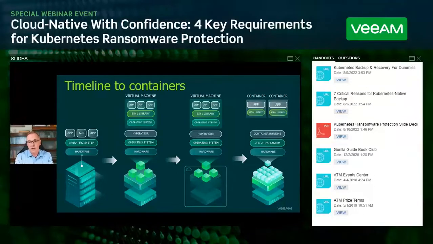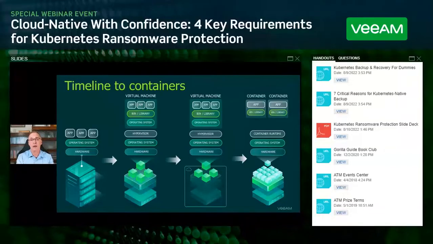The virtualization revolution, first VMware, and then of course Hyper-V, Nutanix AHV, KVM on Linux platforms, took the level of abstraction one step further from the world of physical servers. What we got with a virtualized platform, as I think probably everybody on here knows, is the ability to abstract the operating system from the underlying physical hardware, so that I could now have multiple operating systems running on the same physical hardware.